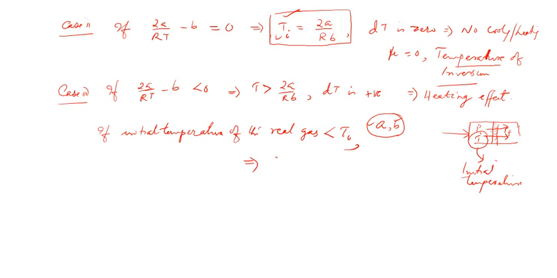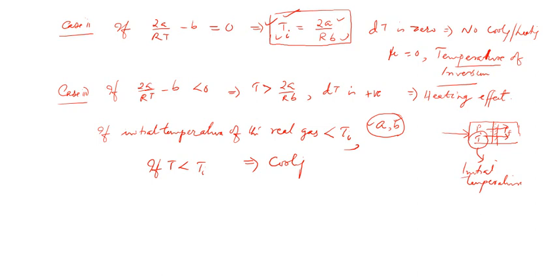For every gas there is a definite value of temperature of inversion. From gas to gas, the temperature of inversion is different. Why? Because for each gas there is a separate value for A and B, even though R is constant. So I can find out the temperature of inversion for each gas.